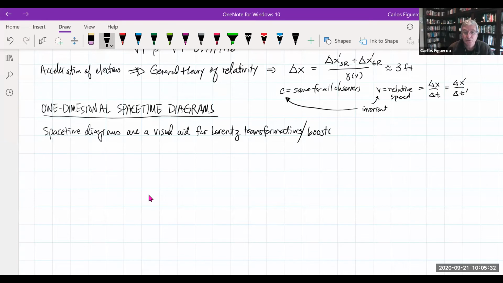Okay, it's a visual aid. And the beauty of these space-time diagrams is that you can plot multiple frames of reference on a single plot.